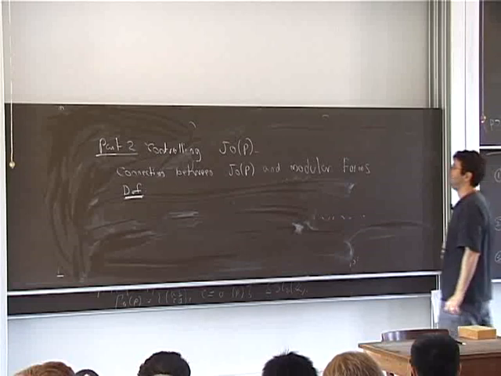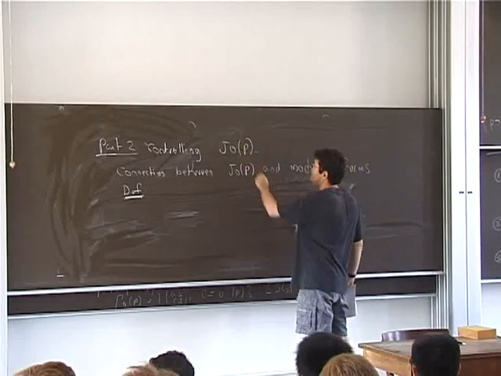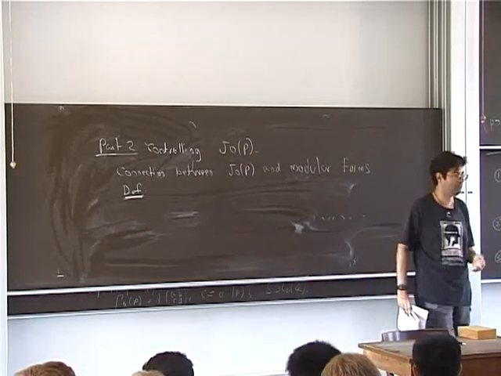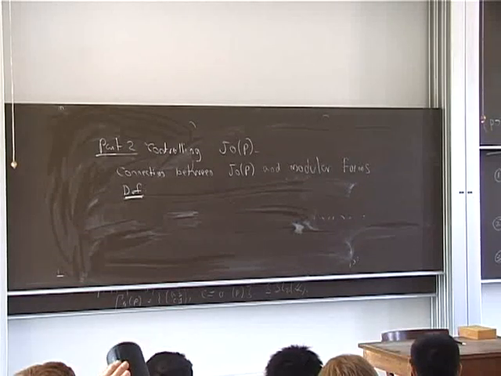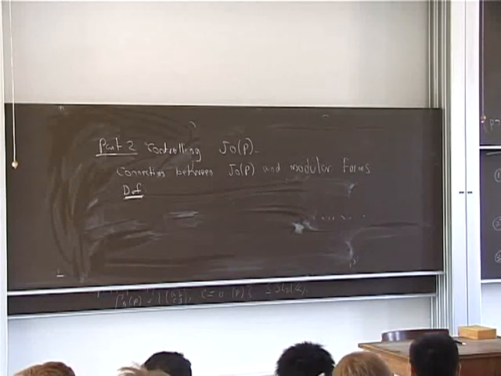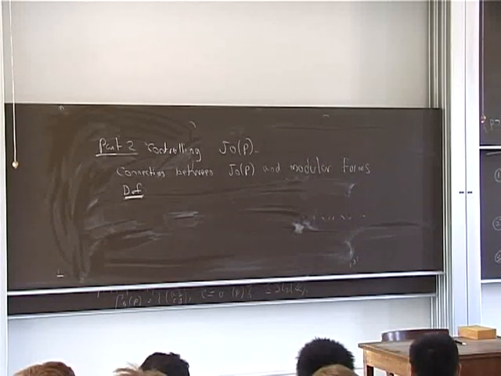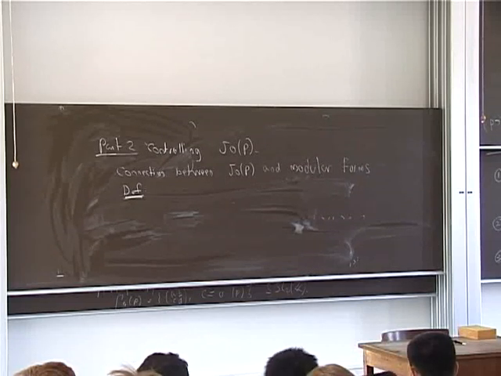A useful thing to do to understand an abelian variety is to look at its tangent space. In other words, the space of differentials on the abelian variety, which corresponds to the space of holomorphic or regular differentials on the curve.